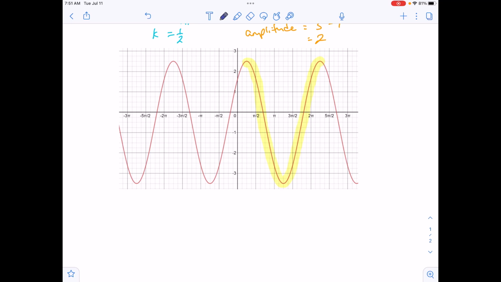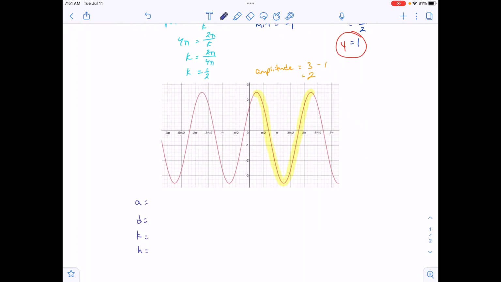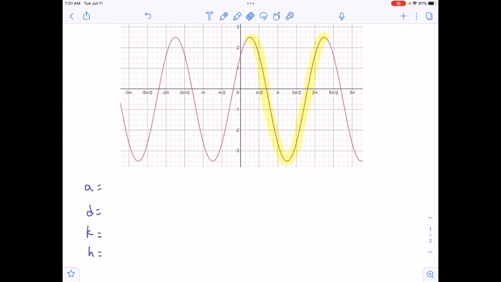So I'm going to write out the 4 letters that I'm looking for. I'm looking for A, D, K, and H. We've actually already said what our K value is once again. Sorry, I messed up my D and my K there.